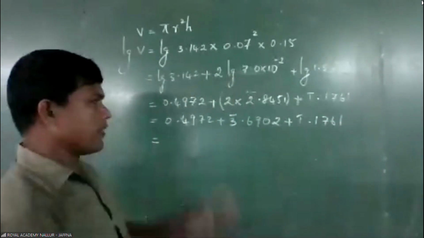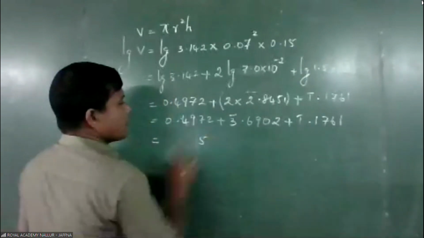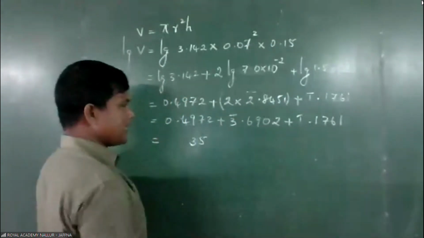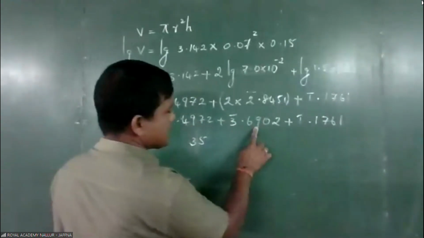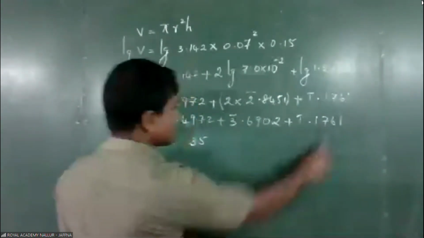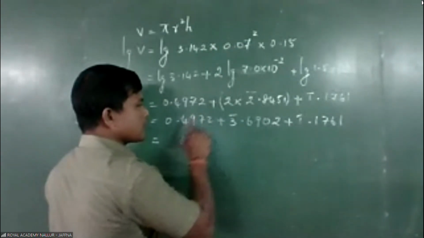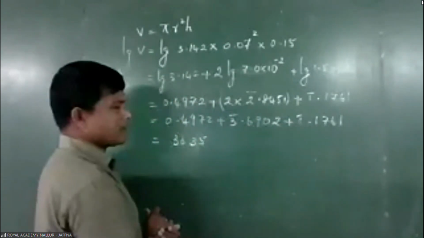So all these three values you can add: 2 plus 2, 4 plus 1, 5, 7 plus 0, 7 plus 6, 13, 1 remaining, 9 plus 1, 10, plus 9, 19, plus 7, 26, 2 remaining, 4 plus 2, 6, plus 6, 12, 12 plus 1, 13, 1 remaining.